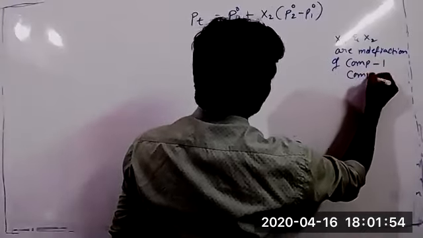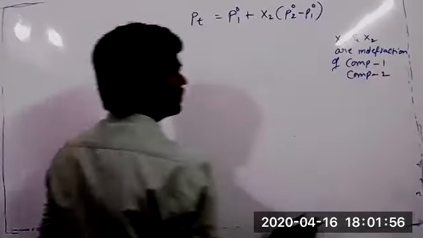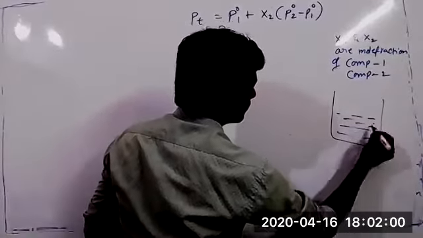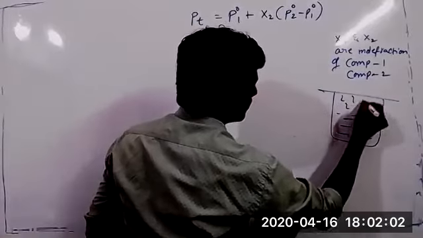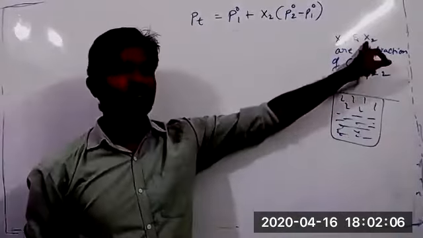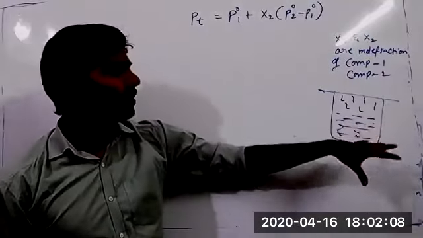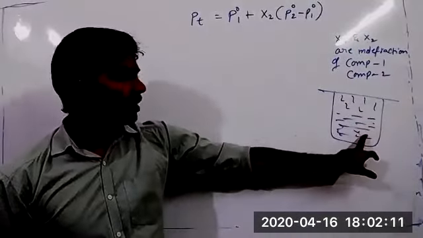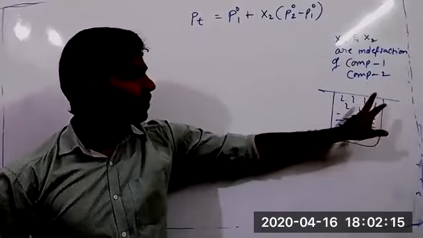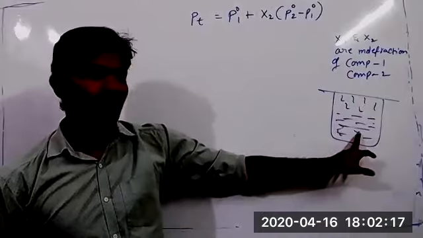But how is this solution? This is vapor. This x1 and x2 refers to mole fraction of component 1 and 2 in solution. Here vapor also there. This vapor also has component 1 and component 2, but those are in vapor phase. Here it is in liquid phase.